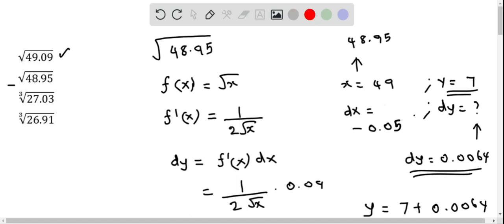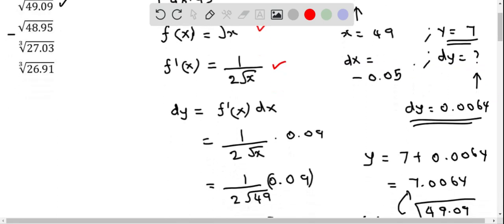All this remains the same. f of x is still the square root function, and its derivative f prime of x is 1 by 2 root x. So we get to this stage: 1 by 2 root x times dx, but we have to replace dx with negative 0.05.